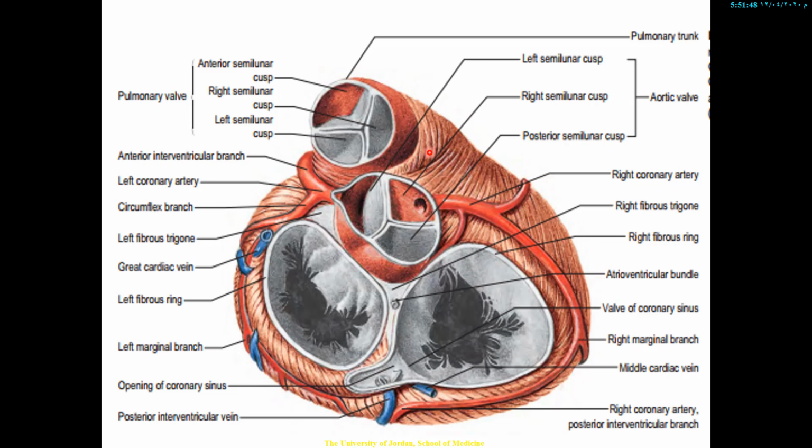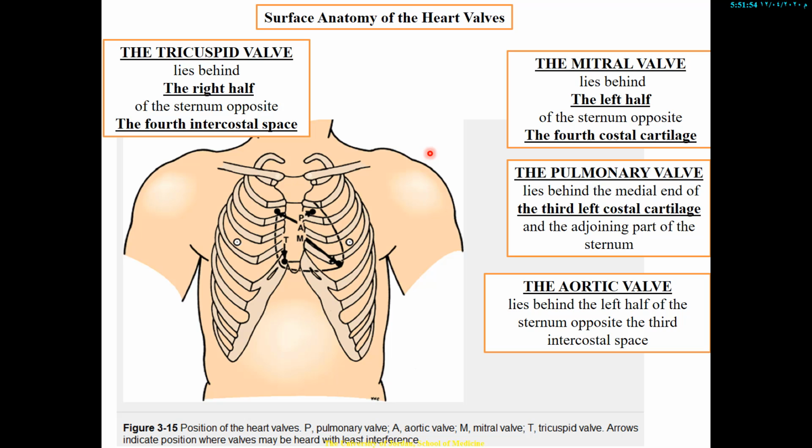Now let's first of all see their surface anatomy. Here is the tricuspid valve, which lies behind the right half of the sternum, opposite the fourth intercostal space. Then we have the mitral valve, behind the left half of the sternum, opposite the fourth costal cartilage.